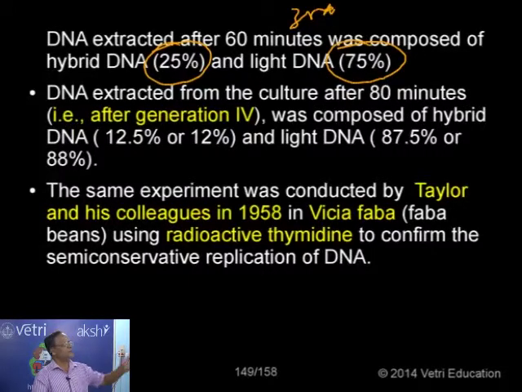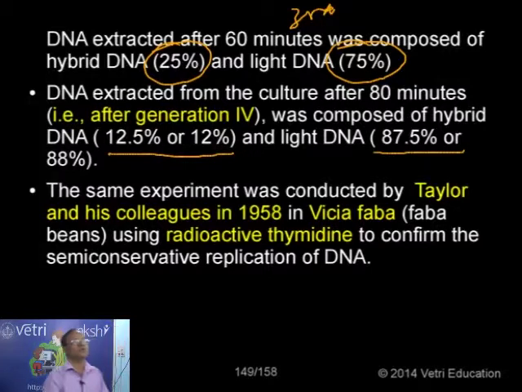Then after 80 minutes, that is after the fourth generation, the data that was analyzed showed 16 DNA molecules. Out of the 16, only 2 are hybrid, equivalent to 12.5%, and the remaining 14 represent the light DNA, about 87.5%, or we can say a figure of 88.